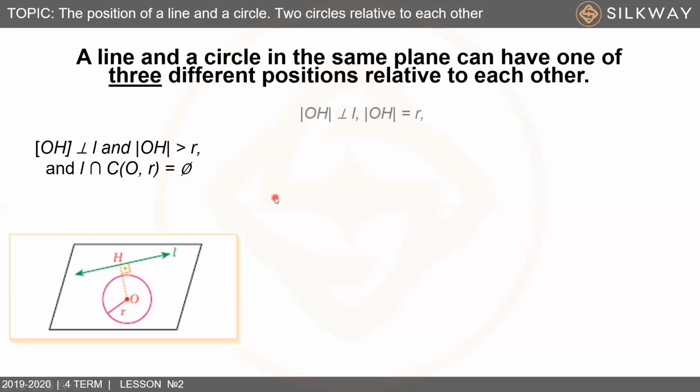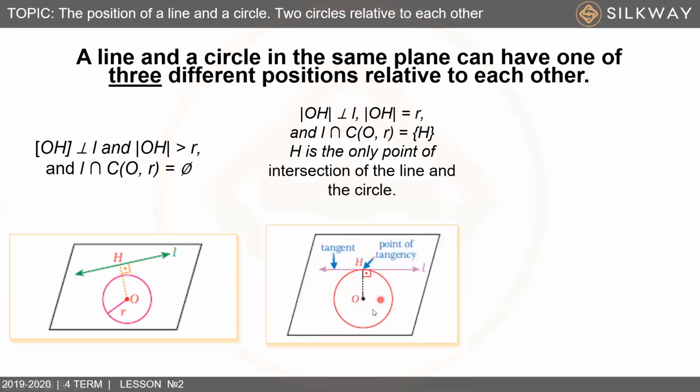The second one: if OH is perpendicular to the line L, and OH is equal to the radius, then they have one intersecting point. It's called H. So H is the only one point of intersection of the line and this circle.